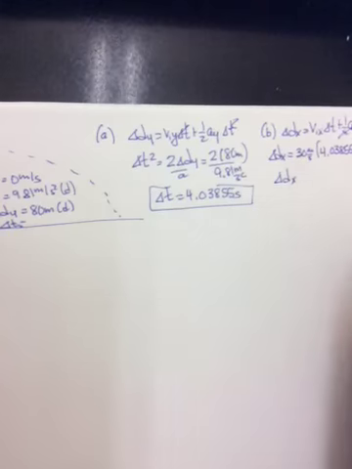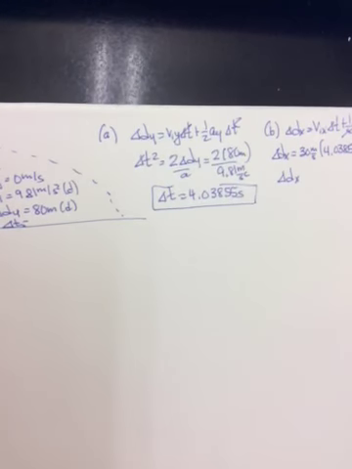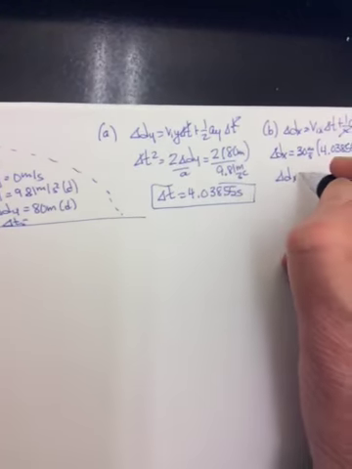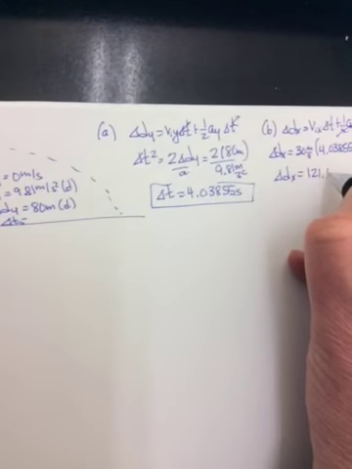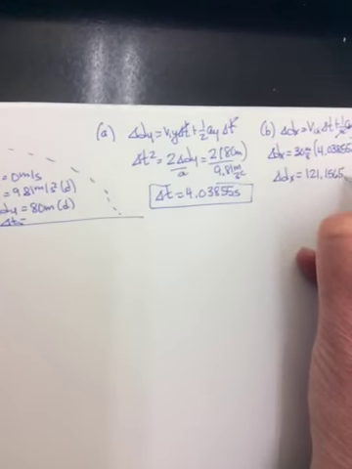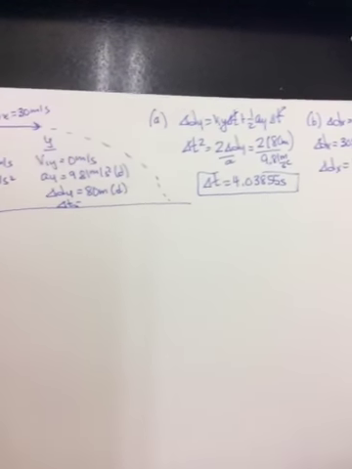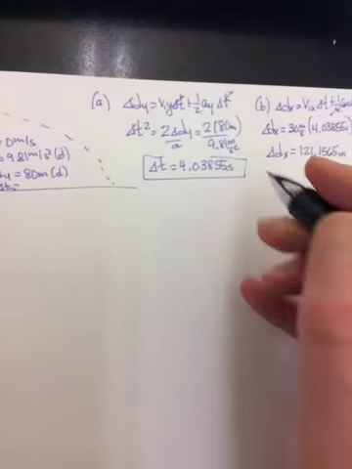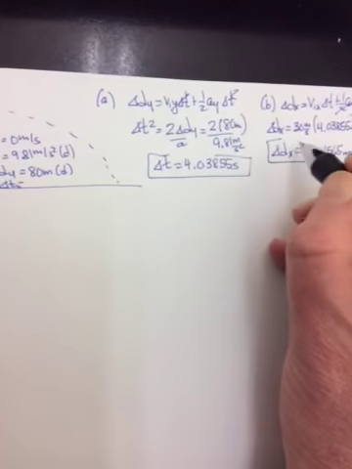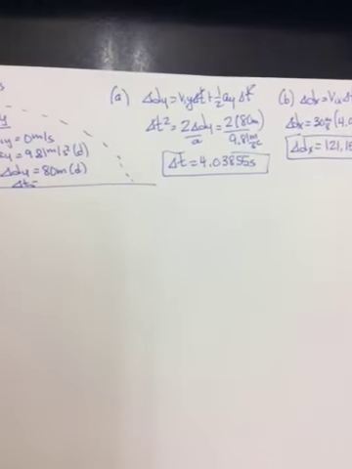So delta dx should be 121.1565 meters. I did give you the answers. I should be checking them. Depending on where you rounded your time, my answers there are a little bit different because I clearly rounded my time a little bit.